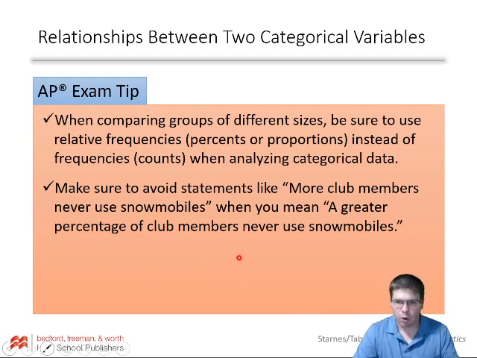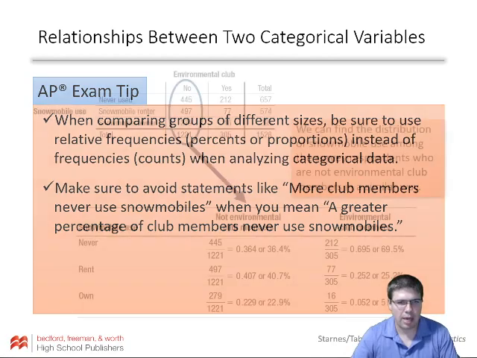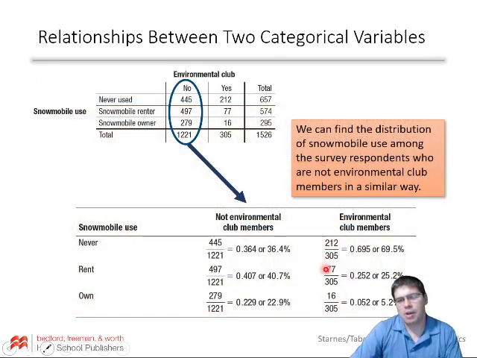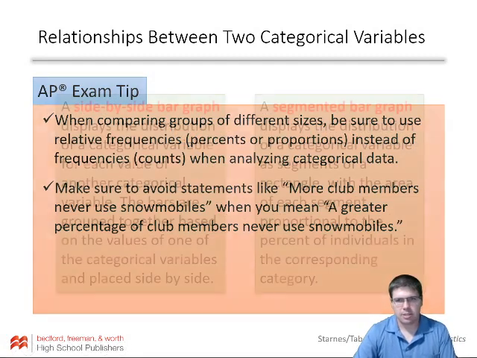It's not actually more. More is the count, even though the count was actually less. If we go back here, it's not that more environmental clubbers use snowmobiles. It's actually less, so you're technically wrong. It's a greater proportion or a greater percent of them. So be careful about that when you're making those statements.